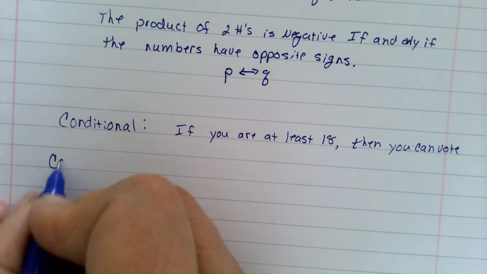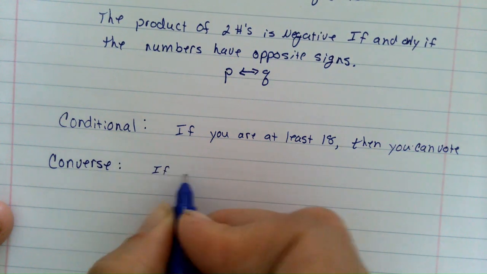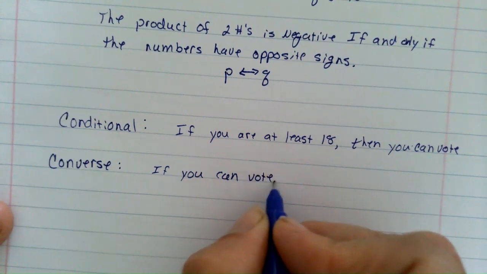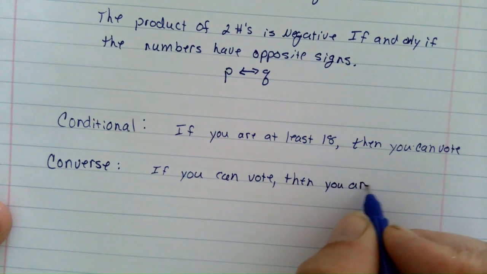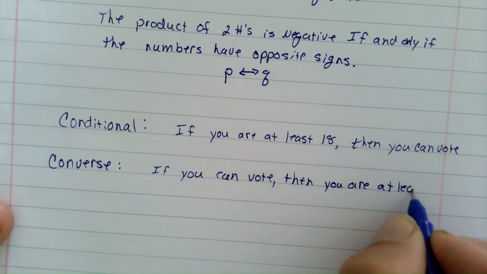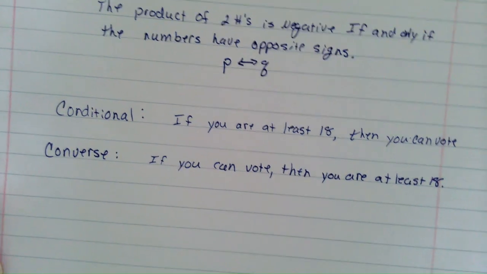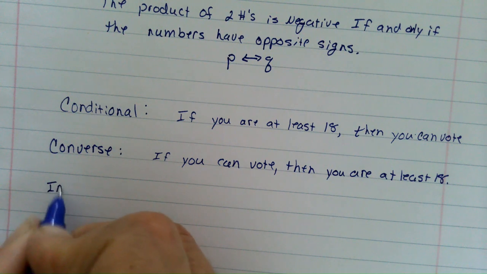So the converse of that. If you can vote, then you are at least 18. Now the inverse of that.